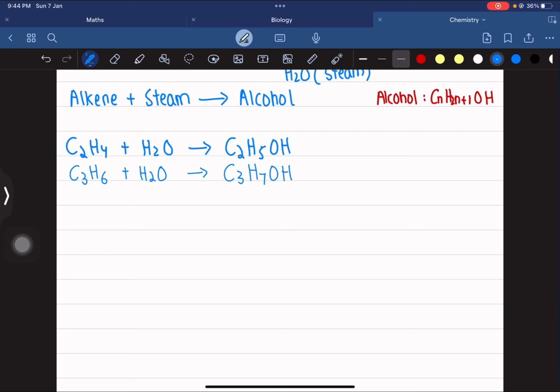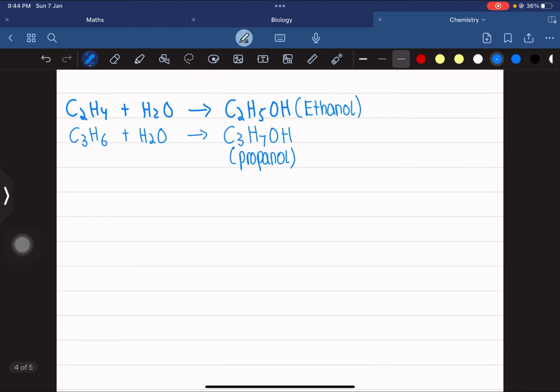Because according to the general formula, it is 2n+1. The name of this is propanol, whereas this is ethanol. So this is about the hydration reaction.